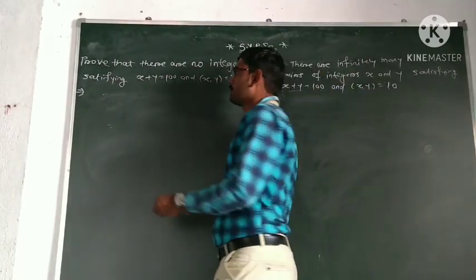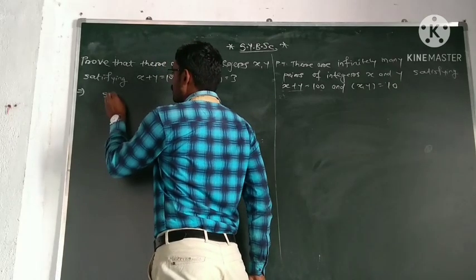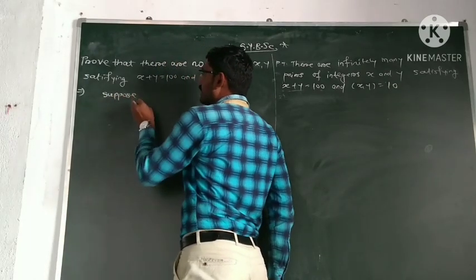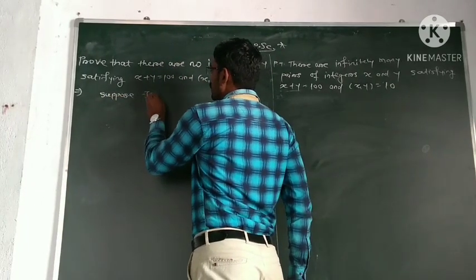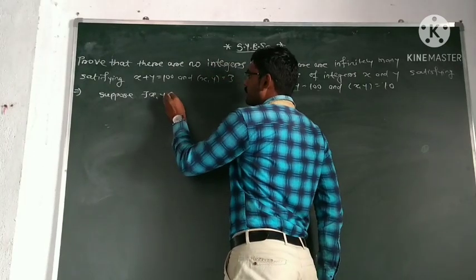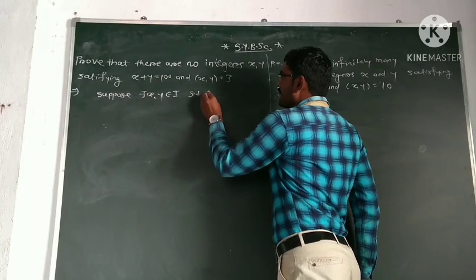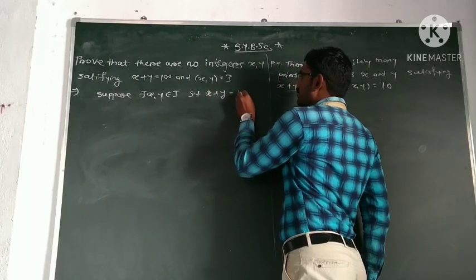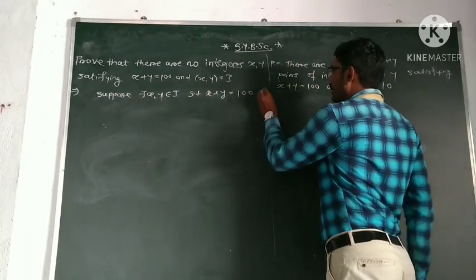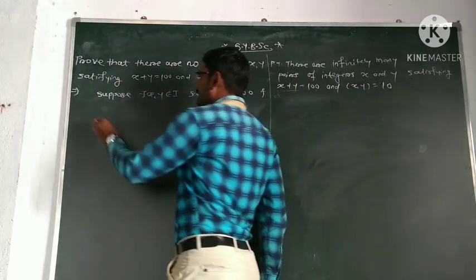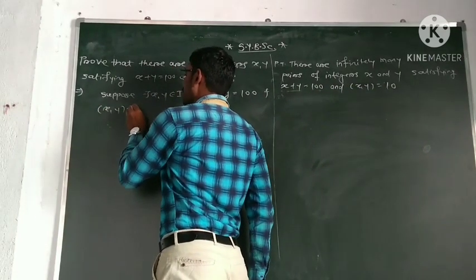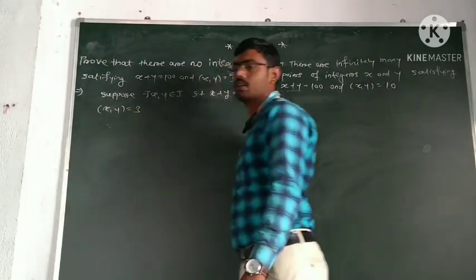Suppose there exist integers x and y such that x plus y is equal to 100 and their GCD is equal to 3.